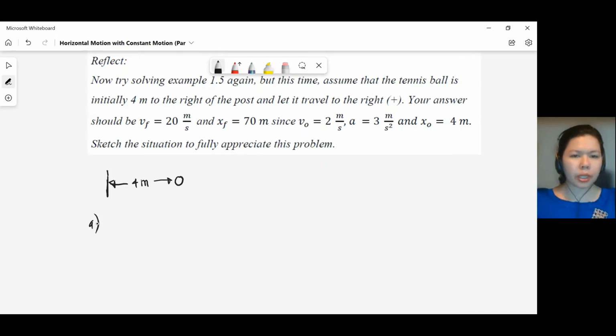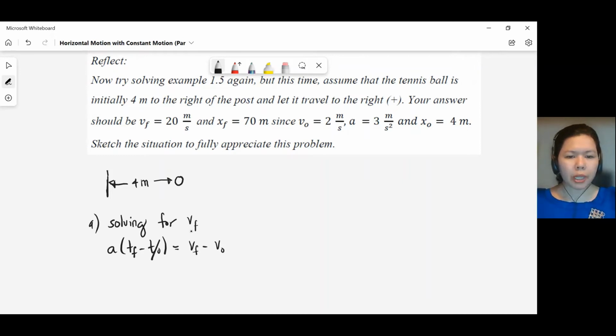Letter A, solving now for V final. With the given, we can use equation 1.1: A(Tf minus T naught) equals V final minus V naught. We know that T naught is 0 in our formulation.